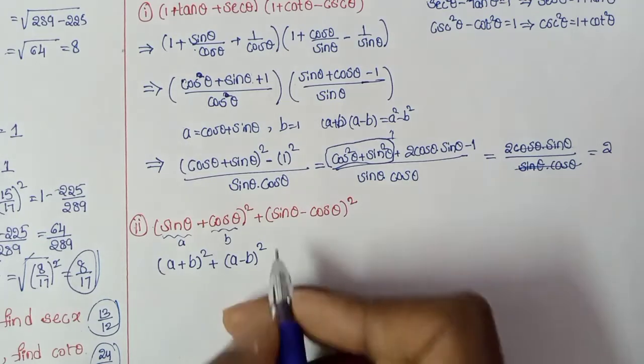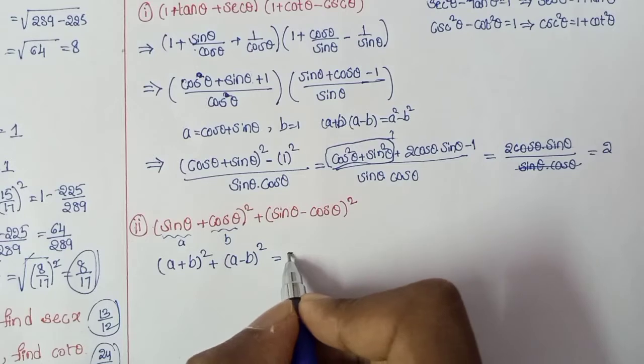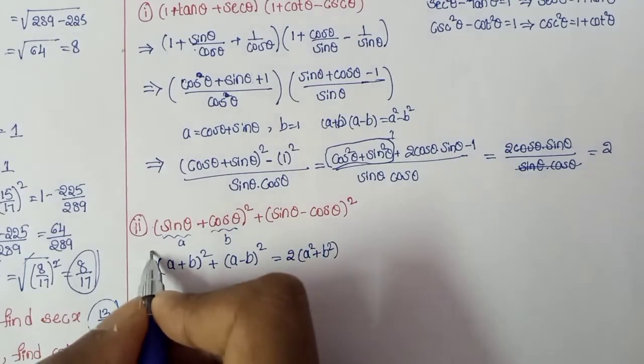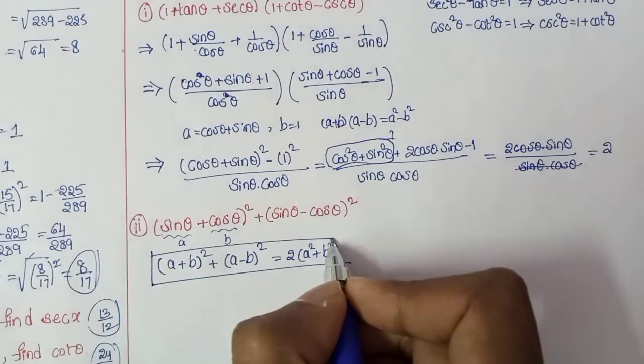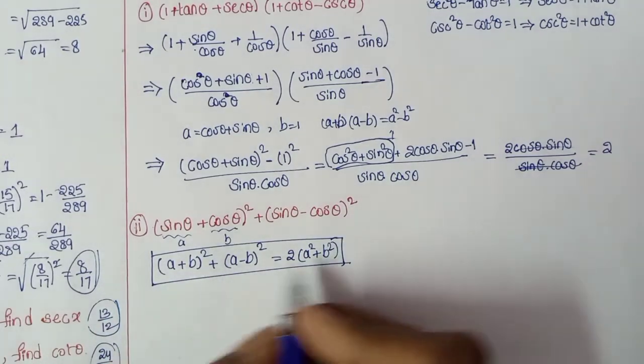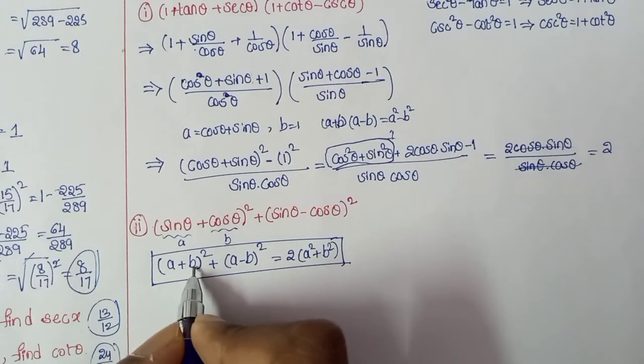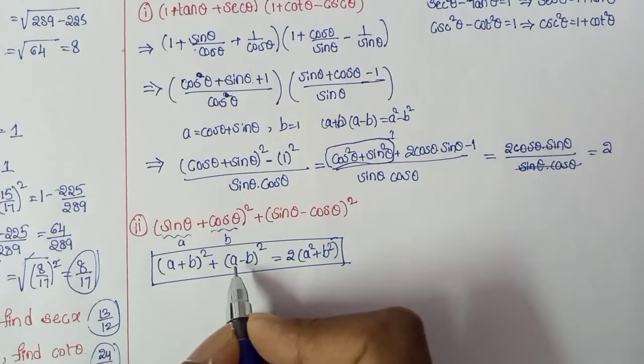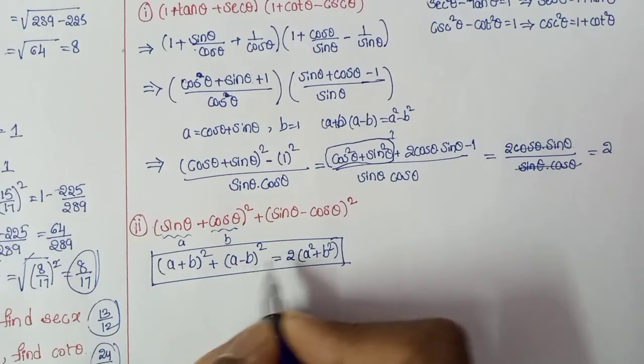What will you get? You will get 2 times (A square plus B square). I think you know this relation. (A plus B) whole square means A square plus B square plus 2AB. Here (A minus B) whole square means A square plus B square minus 2AB.